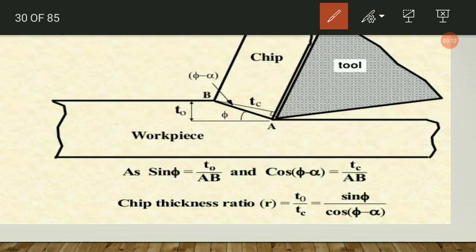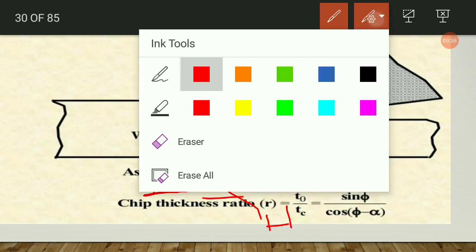So if you consider this geometry, we can find easily that sin phi is T0 by AB. Why? This is the perpendicular and this is the hypotenuse. So you can write sin phi equal to T0 by AB. Okay.